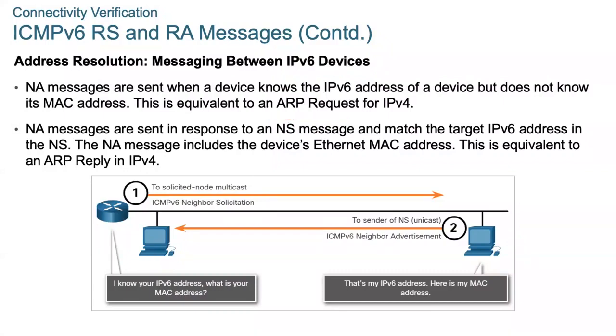So it says that I know only the IP address of host 2, so what is its MAC address? The IPv6 message just consists of your source IP address and its MAC address in that message.